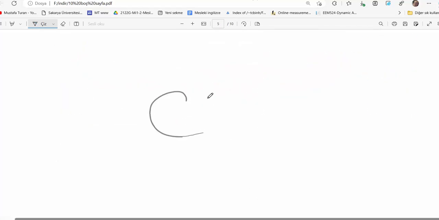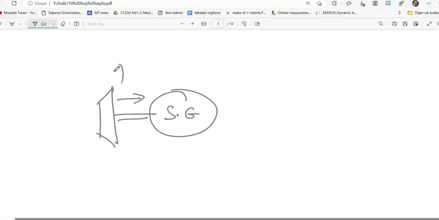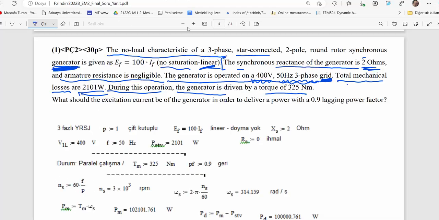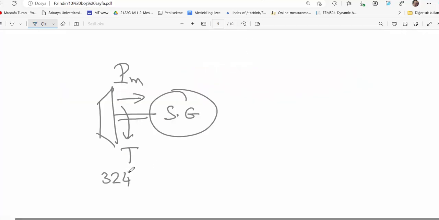The machine is a synchronous generator. Here is a turbine. Here is some mechanical input power. There is a torque applied to the machine which, as I remember, is 325 Newton meters.